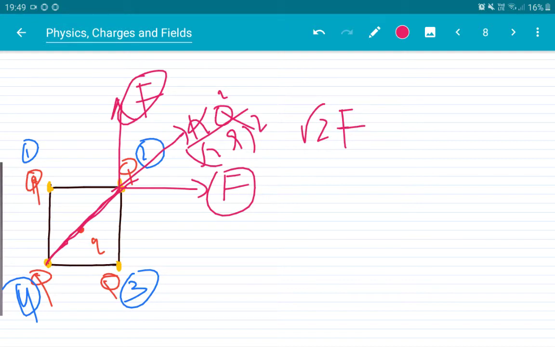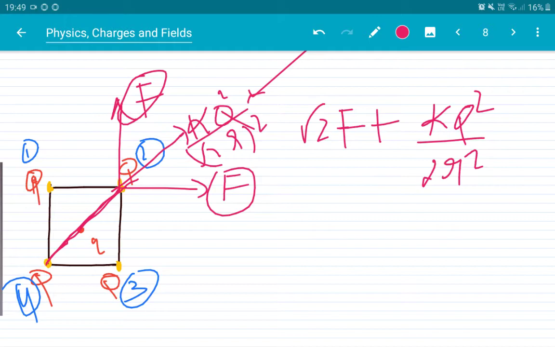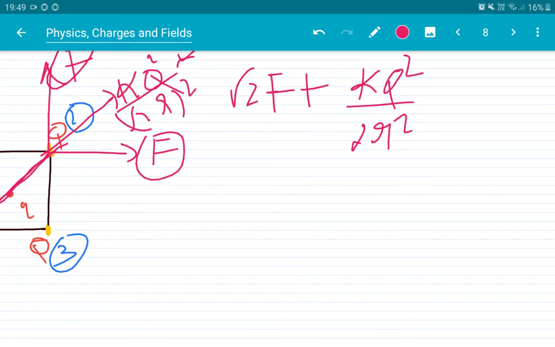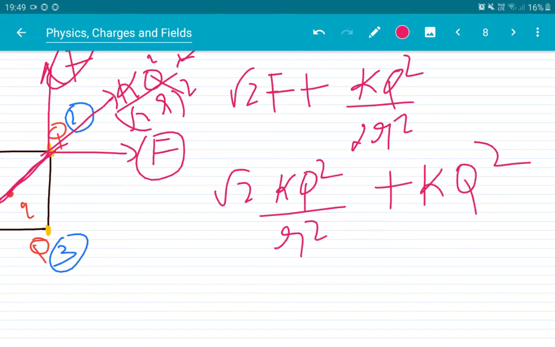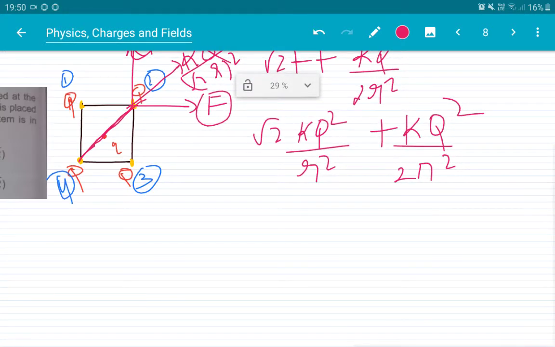So this root 2 F plus this force, that is kQ square by 2r square. So what is this F? F is equal to kQ square by r square, absolutely. So it is root 2 times kQ square by r square plus kQ square by 2r square. Now the net force you will get by solving this. Here we can see the common kQ square by r square.